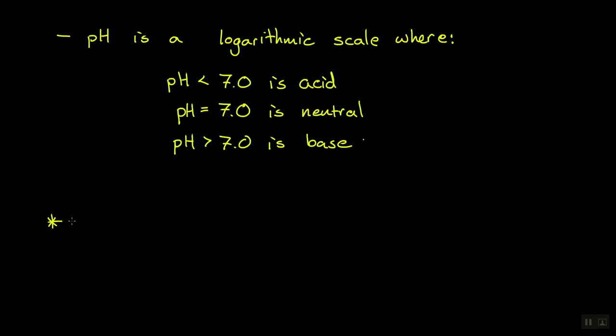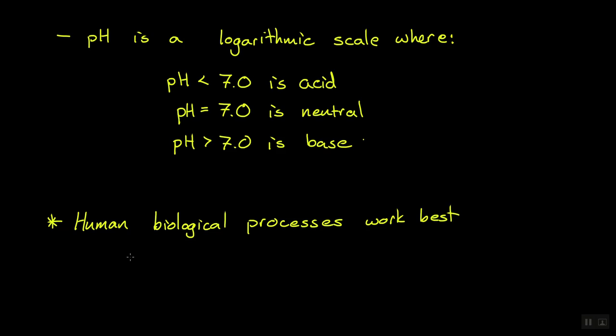As we look at this, most of our body has homeostasis at specific pH values. Human biological processes work best when we have a pH that's in a range of not too wildly far away from neutral.